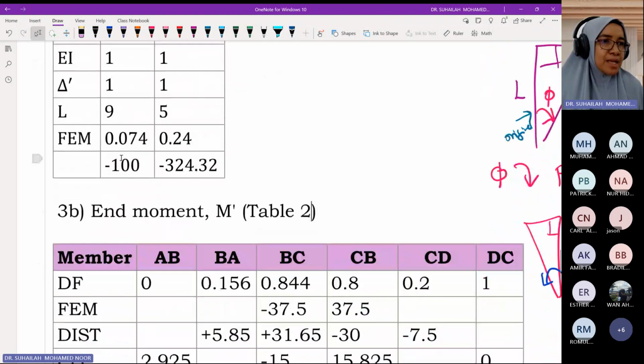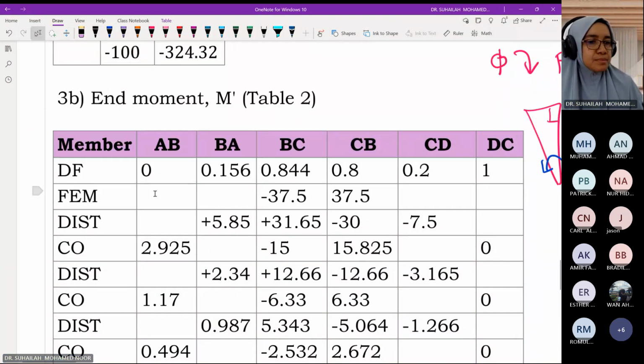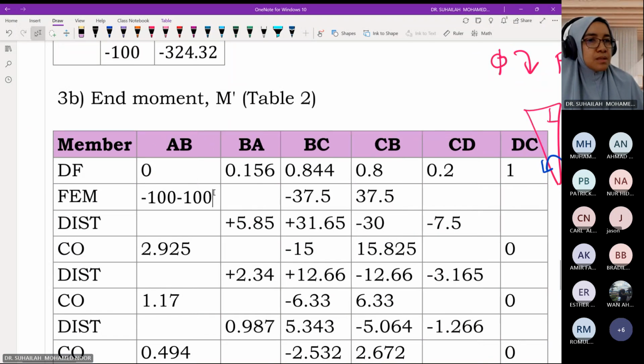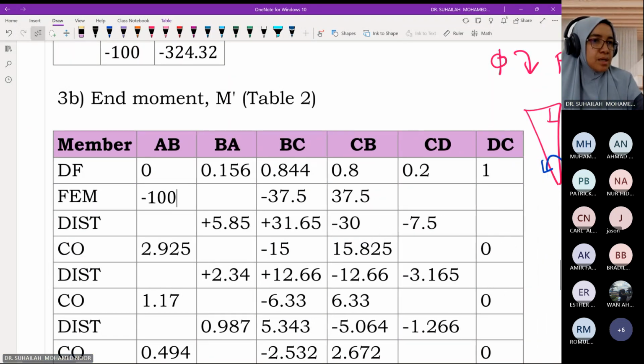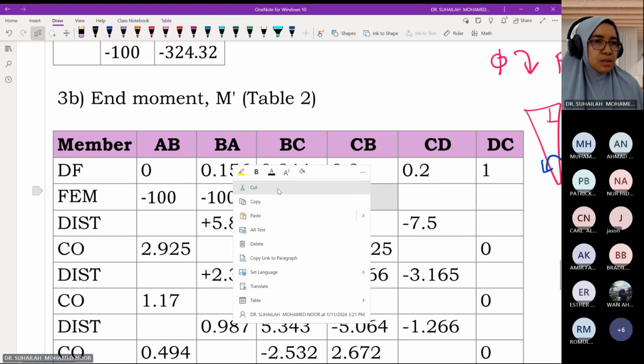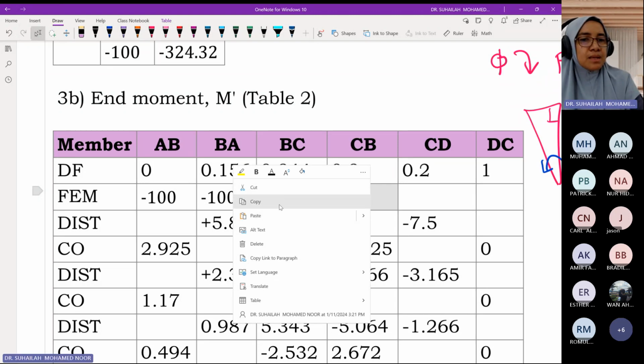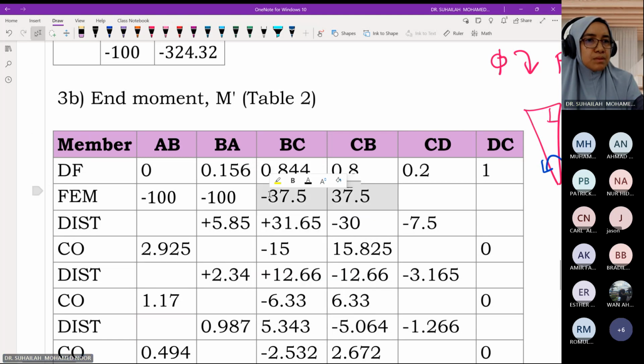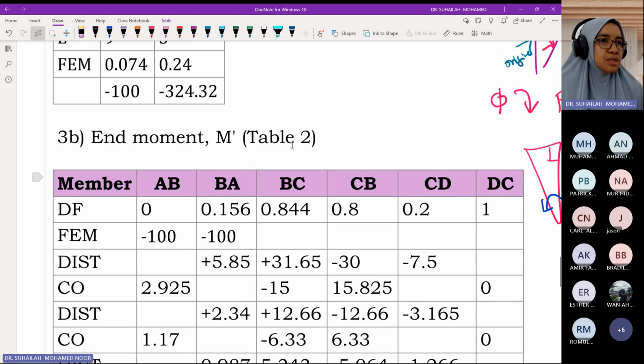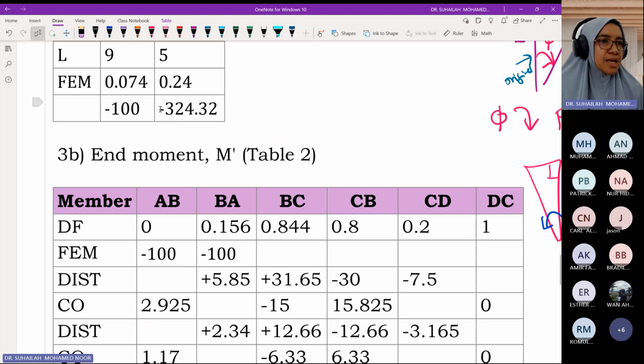So FEM negative 100 ni for both AB and BA. BC, CB tak ada, dia kosong sebab delta kosong. Okay, dia tak ada sebab delta kosong. Okay, so 324 ni negatif dekat CD.